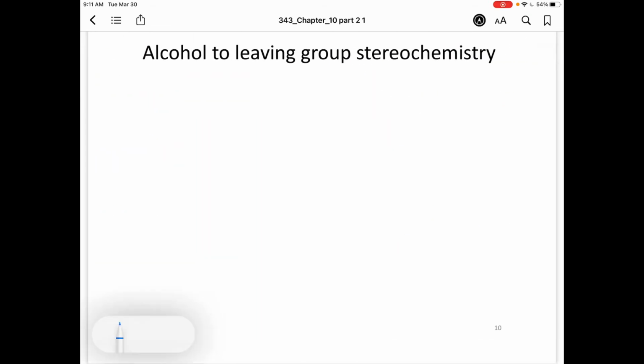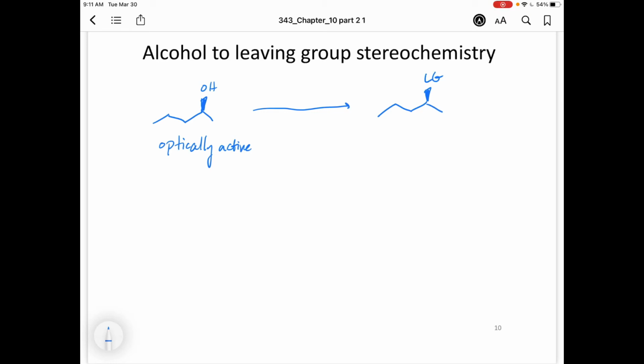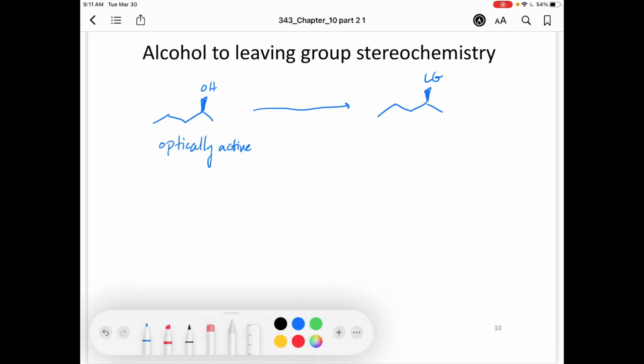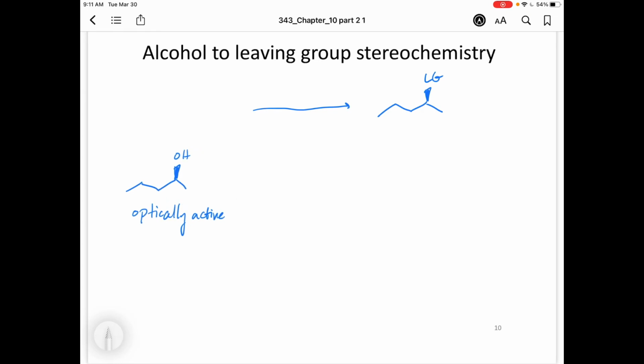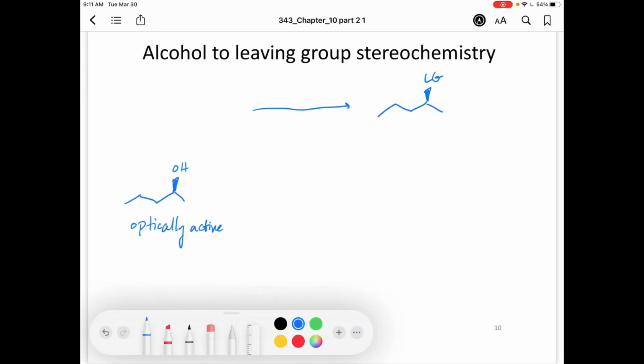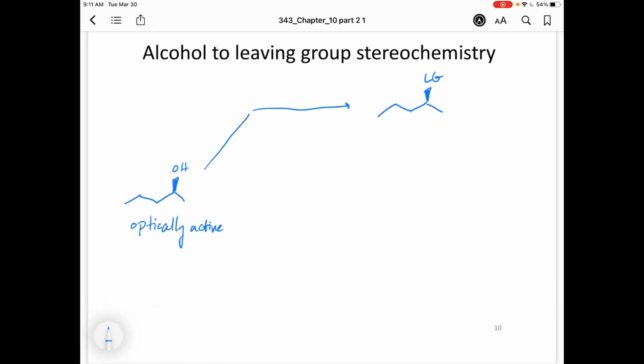Let's look at this whole idea about stereochemistry with leaving groups. If you have a chiral alcohol, and this is optically active, what if you wanted to keep your leaving group on the same side there? Now, what if you wanted to take this optically active alcohol and switch the stereochemistry?